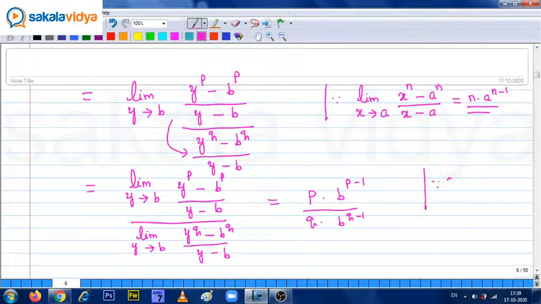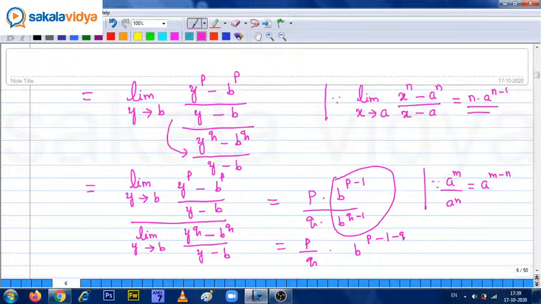We have the formula a to the power of m upon a to the power of n equals a to the power of m minus n. So using this we can simplify this one. We can write p by q, b to the power of p minus 1 minus q plus 1, is cancelled. So we have p by q, b to the power of p minus q.